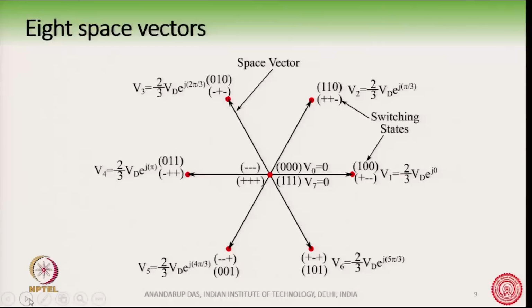We see that there are 6 resultant space vectors with magnitude 2/3 Vd, and they are at angles of 0 degree, 60, 120, 180, 240 and 300 degrees, and these are the switching states which are producing these resultant vectors. So, there are 6 active vectors and 2 zero vectors. These are the vectors in this space.